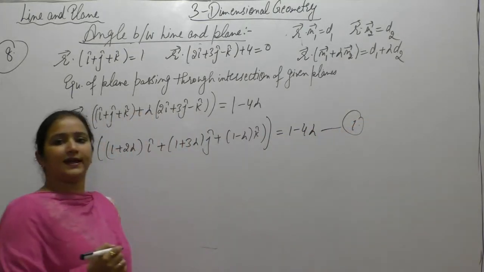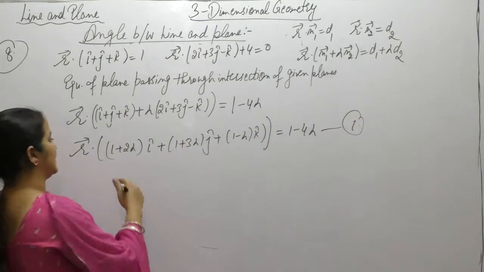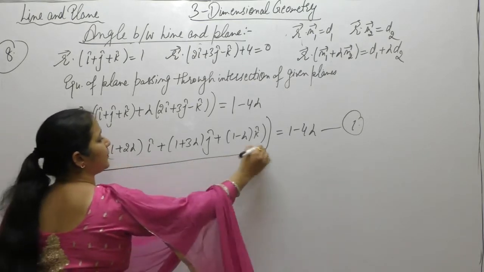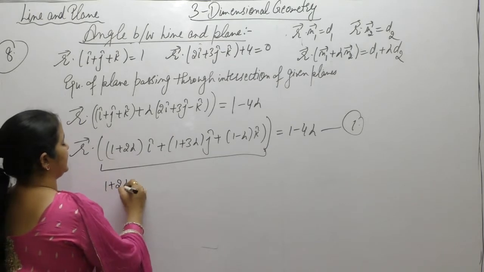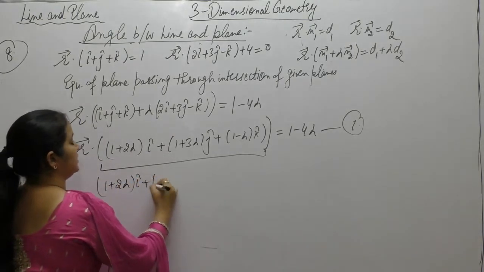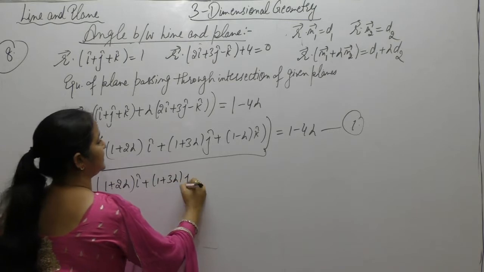Now it is given that it is parallel to the x-axis. It means its dot product with i cap equals 0 because it is in vector form.